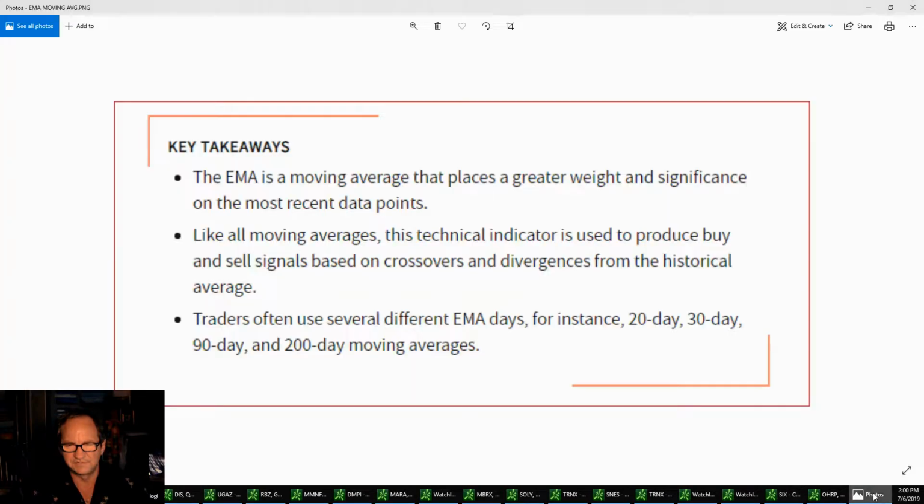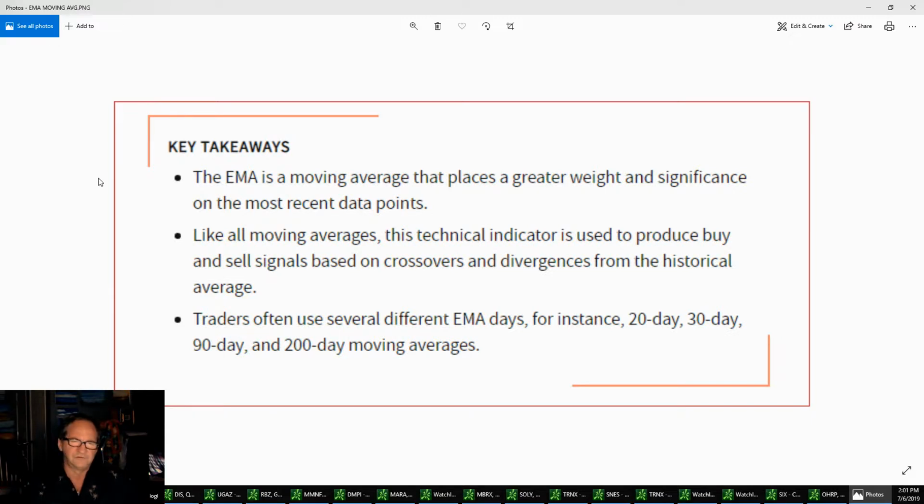First, I want to talk about the key takeaways with these moving averages. The EMA is a moving average that places a greater weight and significance on the most recent data points. Like all moving averages, this technical indicator is used to produce buy and sell signals based on crossovers and divergence from the historical average.